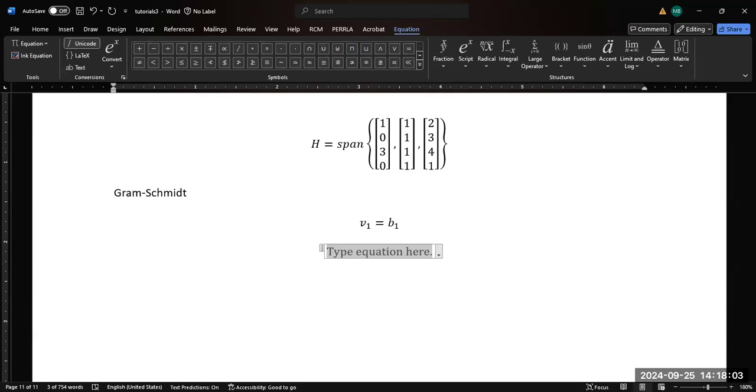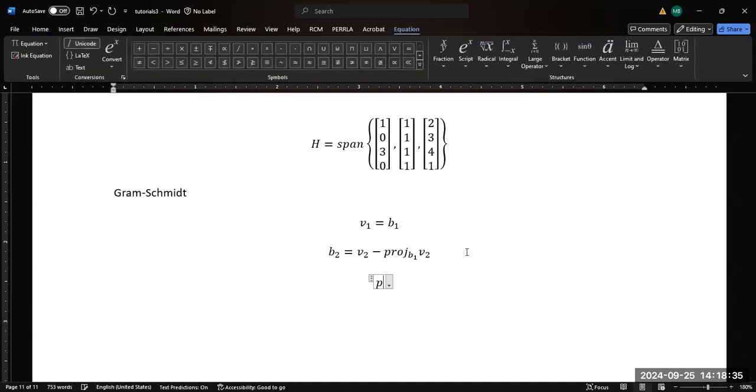So essentially B2 is going to be V2 minus the projection onto V1 of V2. And one way you could think about this: V1 is B1, so this is the same thing as projecting onto B1.